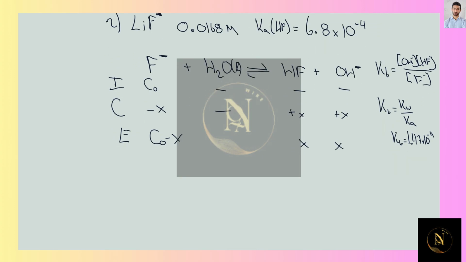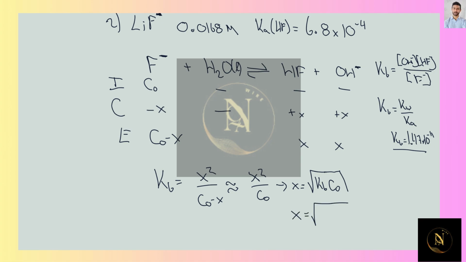That means that Kb is going to be equal to x squared divided by C0 minus x. We're going to do the same approximation because Kb is very small, 1.47 times 10 to the minus 11, and the value for C0 is in the order of 10 to the minus 2. So this becomes x squared divided by C0. Thus, x will be the square root of Kb times my initial concentration.